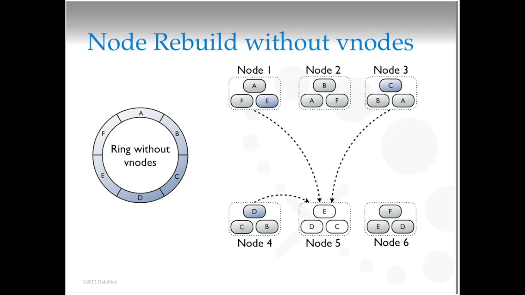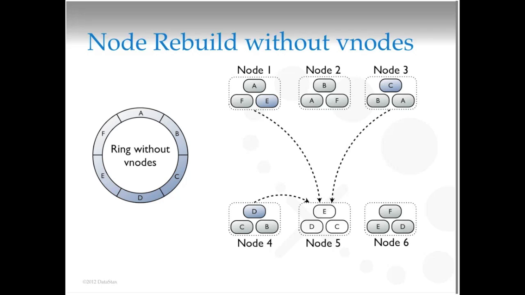In the scenario where you have one token per machine in Cassandra 1.1 and earlier, you can rebuild that dead machine from its peers in the cluster that it's replicated to.